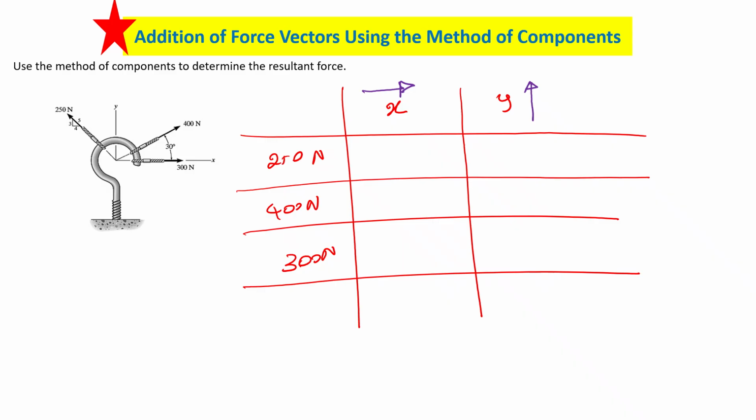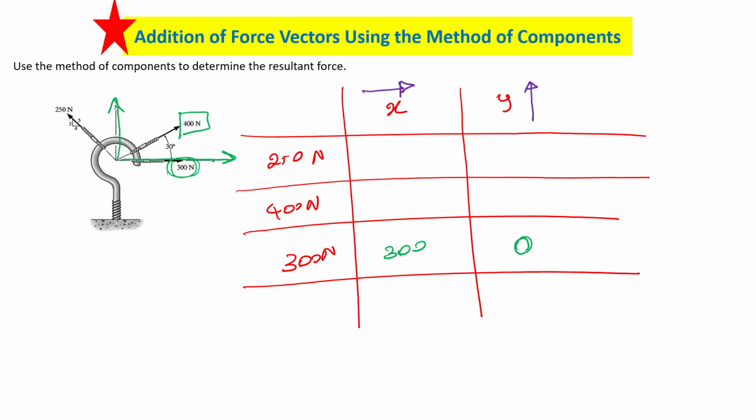So what is the component of 300? Y is what? Y is 0 and x is 300. How about the 400, this one? You're going to divide that into these 2 directions. Am I right? One is cos, the other one is sine.